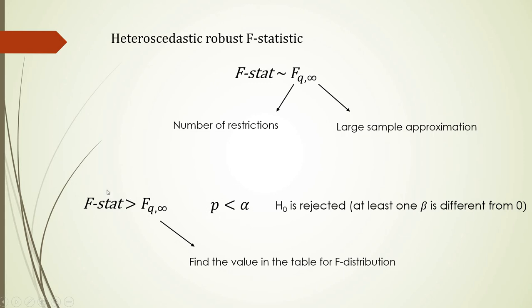And if the F statistic is higher than the critical value and p is lower than the level of significance, we will reject the null, saying that at least one of the betas is different from 0. This value we can find in the statistical table for the F distribution, or we can use the option in Gretl to find it also. But we will have the p-value anyway.